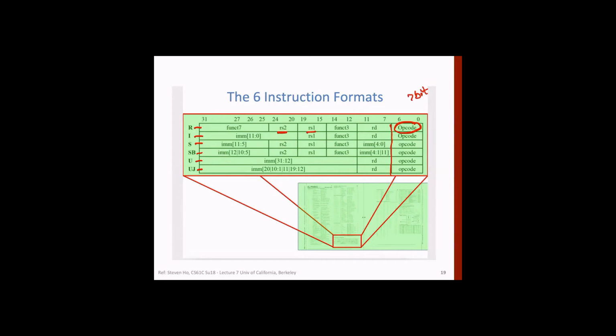And then we see that there are some other fields, because now this is 7-bit. We have 32 registers in the architecture. So how many bits do we need to represent it? Anyone? In order to represent 32 registers, how many bits do we need?